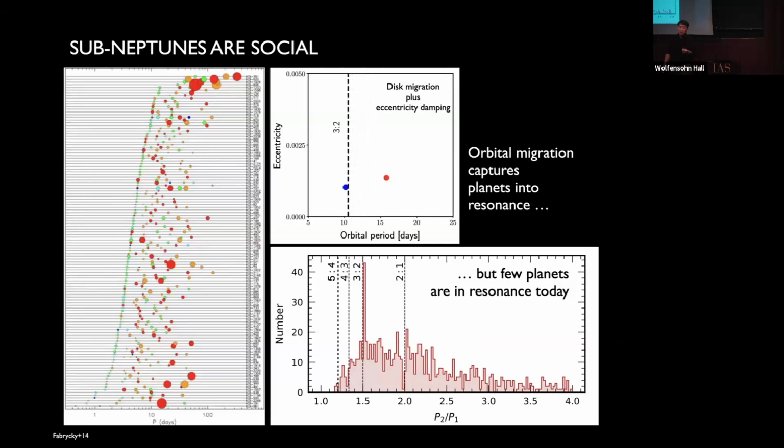And this is a consequence of, again, a form of dynamical friction: eccentricity damping, which damps the pair to the fixed point, and the fixed point of the resonance is always systematically wide of resonance. It's a consequence of apsidal precession, actually regression in the resonance. I can talk more about it if you'd like, but let me just emphasize that it's always systematically wide as a consequence of this dissipative capture in the disk.